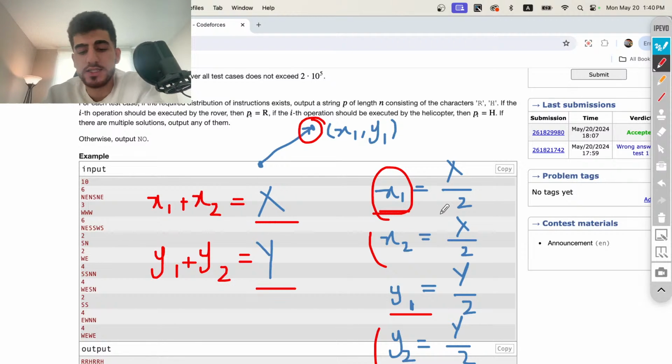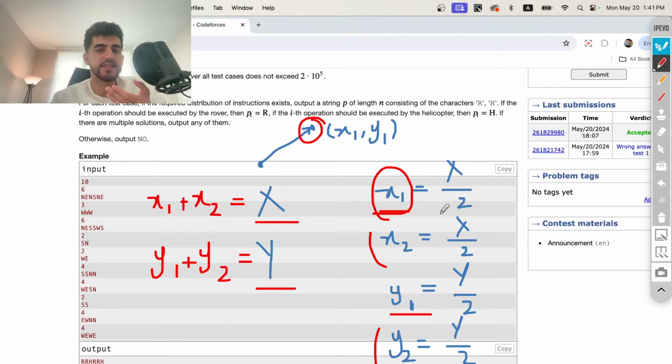Okay, I guess the explanation is not clear. Can you tell me which parts do not make sense? If there's any problem in any part, feel free to say it. So capital X was x1 plus x2. Capital Y was y1 plus y2.